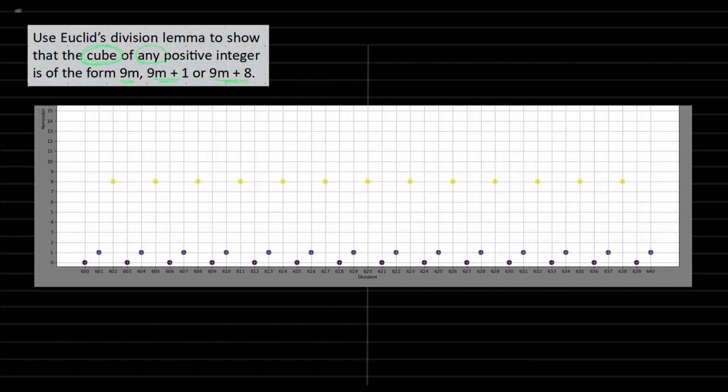Okay, so the heading of this particular graph will be, the topic will be remainder of cube of numbers on dividing with 9. Okay, so this is your scenario, right?